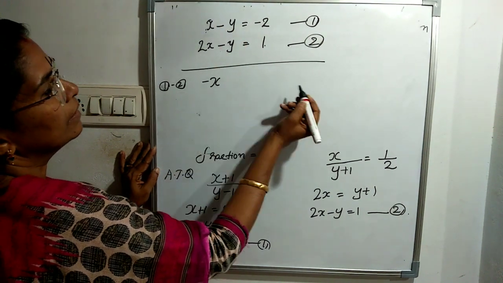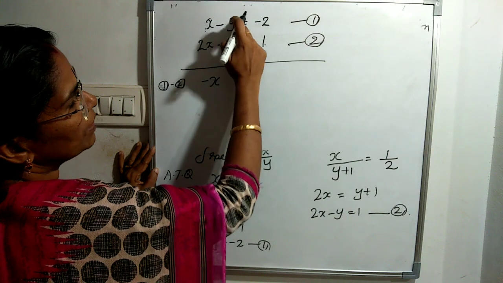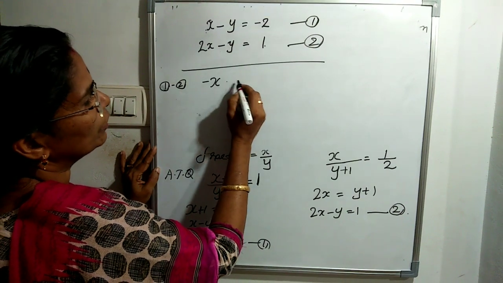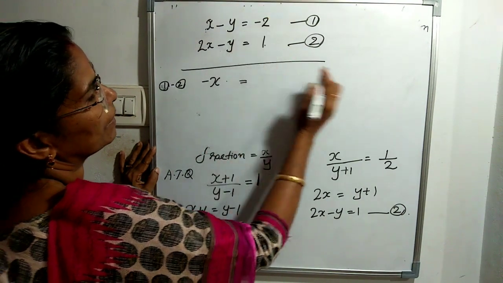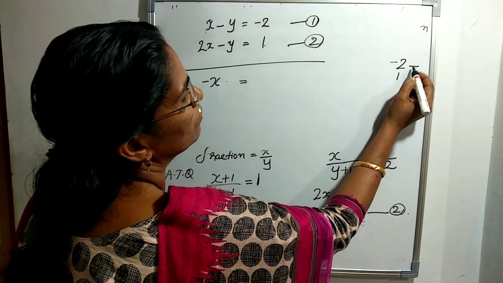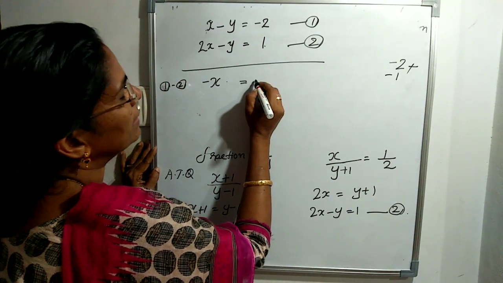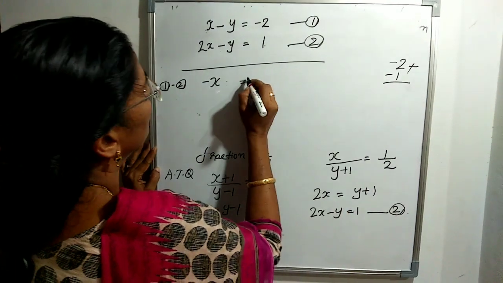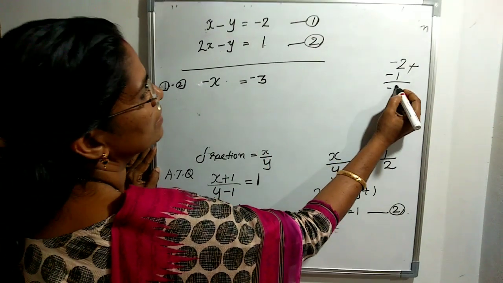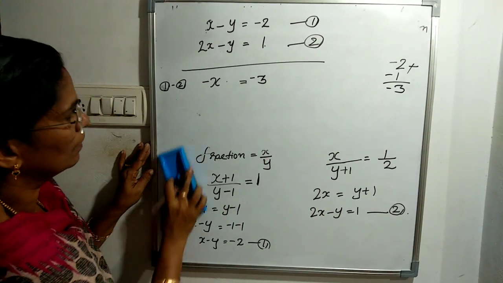Next, minus y subtract minus y becomes 0. Minus 2 subtract 1, we will get minus 3.